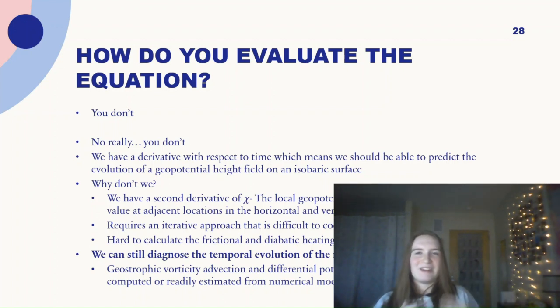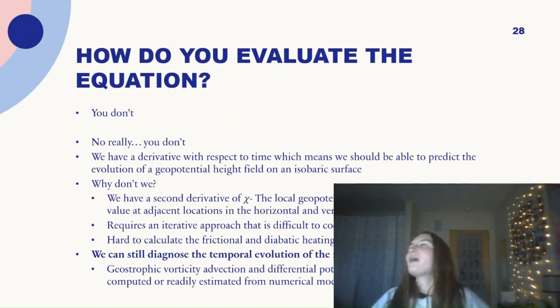So we need an iterative approach that's really, really hard to code, and really computationally expensive to execute. And even if we could do that, it's still really hard to accurately calculate the frictional and diabatic heating terms. So it wouldn't even be that good of a calculation.